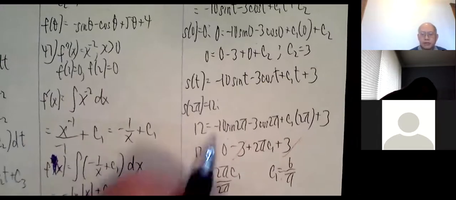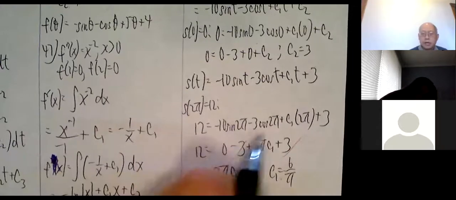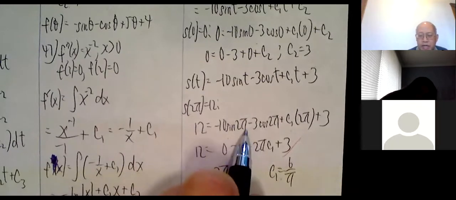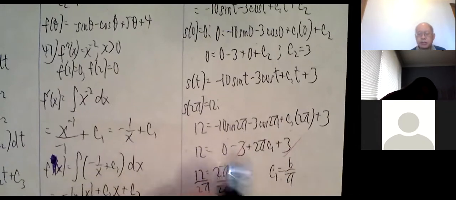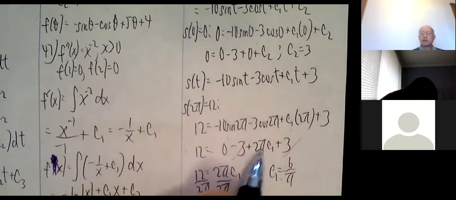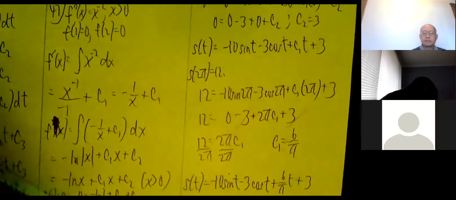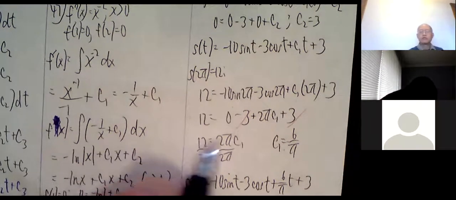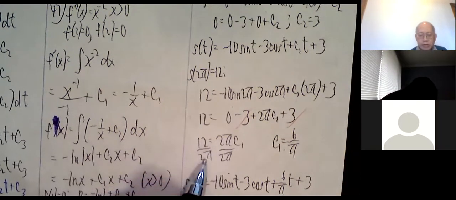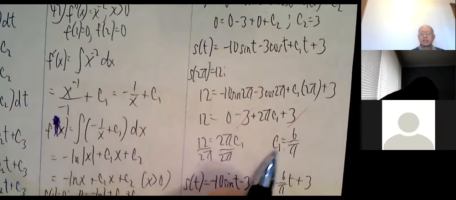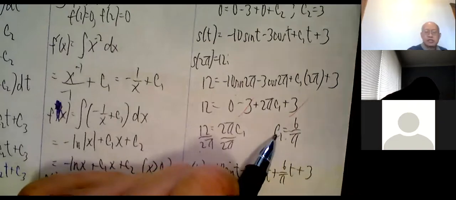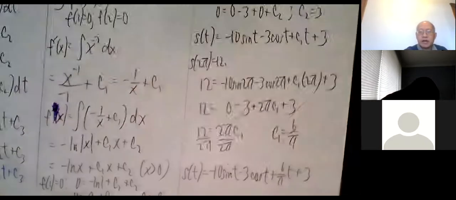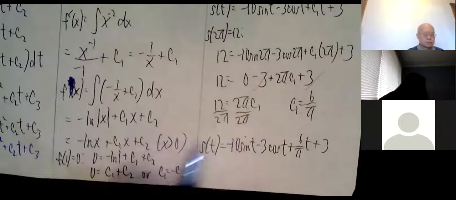Okay, so 12 is equal to, sine of 2 pi is 0. Cosine of 2 pi is 1, negative 3. Very conveniently, negative 3 plus 3 cancels out, that 0, and I have plus 2 pi c1. So 12 equals 2 pi c1, divided by 2 pi. c1 is 6 over pi. So plug this back in for c1, 6 over pi, and finally we're done.